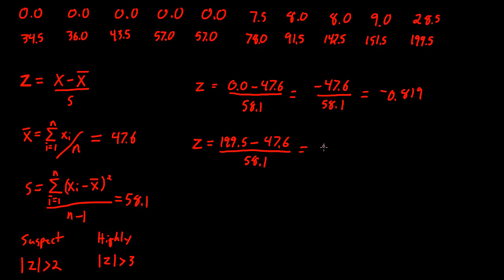So if we actually do that subtraction, we get 151.9 divided by 58.1. And doing that division gives us a z-score of 2.614. So with a z-score of 2.614, we see that 199.5 is greater than 2 for a z-score, but less than 3, which means that 199.5 is a suspect outlier.